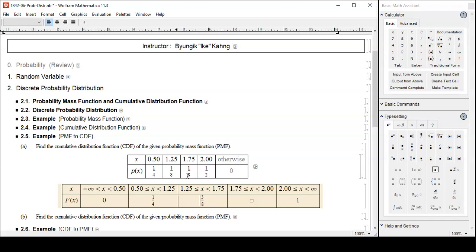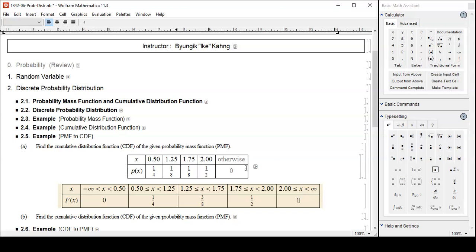Now another 1/8 is being added up. So 3/8 plus 1/8, which is 4/8. So same as 1/2. And there, another 1/2 is added up. Do we get 1? Yes, indeed. So there goes my CDF.